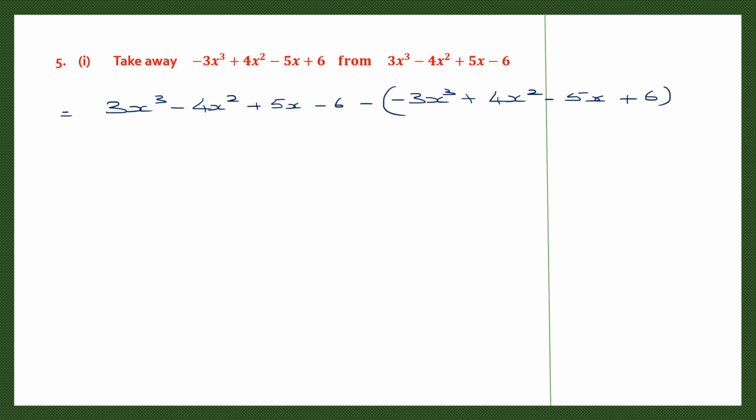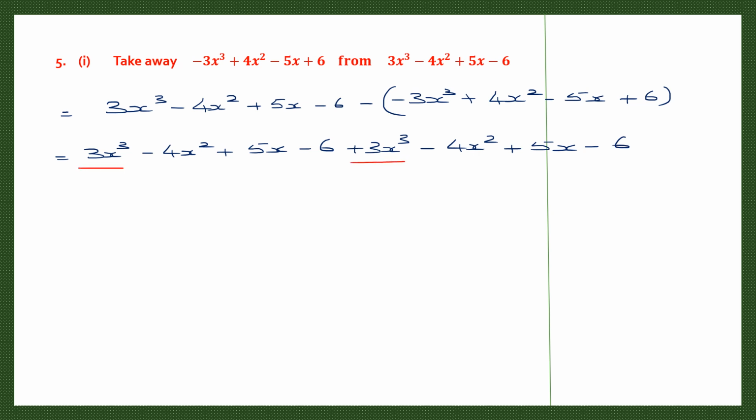Now let's remove the brackets. So 3x cubed minus 4x squared plus 5x minus 6. Now change all the signs because before the bracket we have a minus sign. So plus 3x cubed minus 4x squared plus 5x and minus 6. Now we're going to get the like terms. 3x cubed and plus 3x cubed.